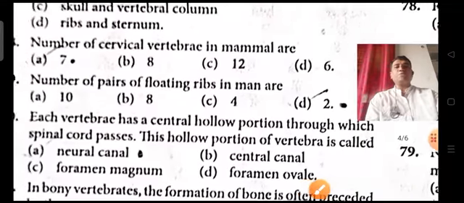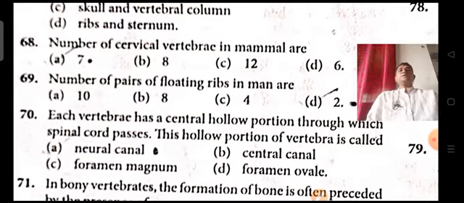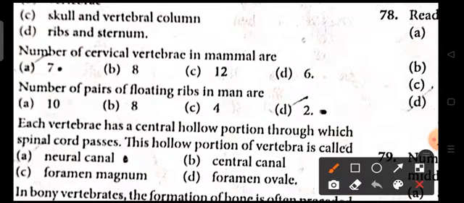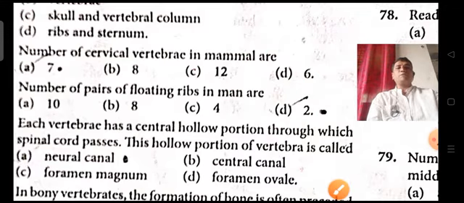Number of pairs of floating ribs in man: there are true ribs, false ribs and floating ribs. Floating ribs are the 11th and 12th ribs. So the answer for this question is 2, that is the 11th and 12th ribs are called floating ribs.